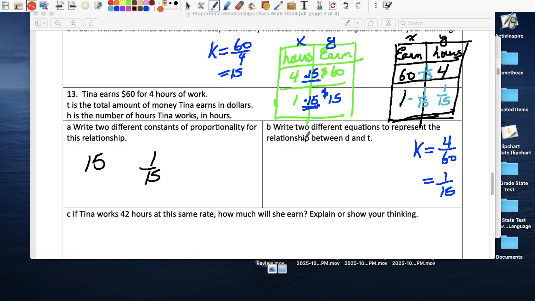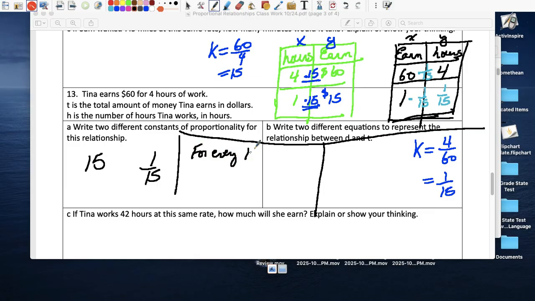Let's write two different statements. I know it didn't ask for it, but let's write two different statements. So statement one: for every 1 hour of work, you earn $15.